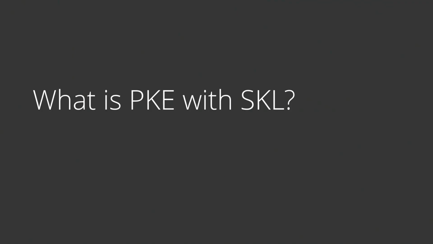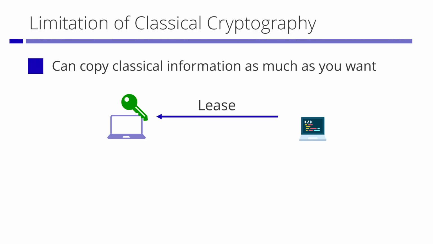Okay, so first let's see the functionality of public key encryption with secure key leasing. First of all, it is hard to prove that we delete digital information since we can keep a copy. We can copy classical information. Let's consider the following situation.